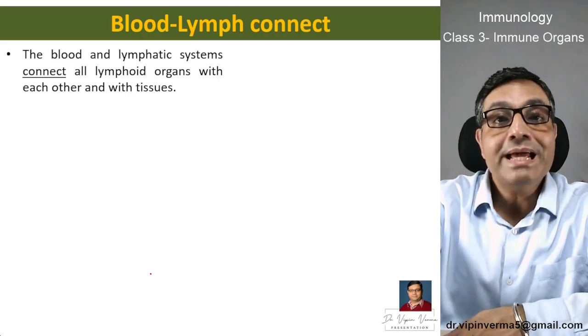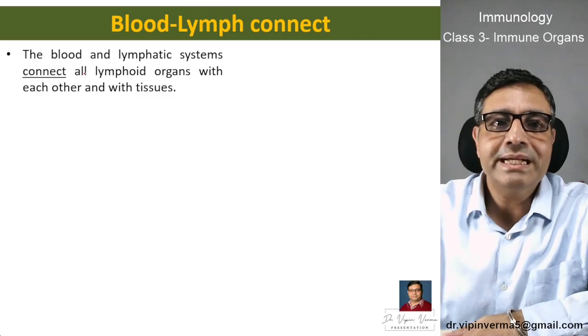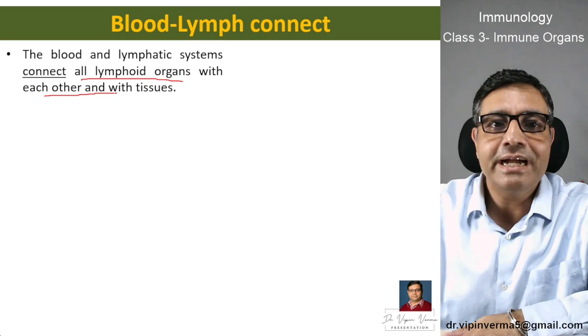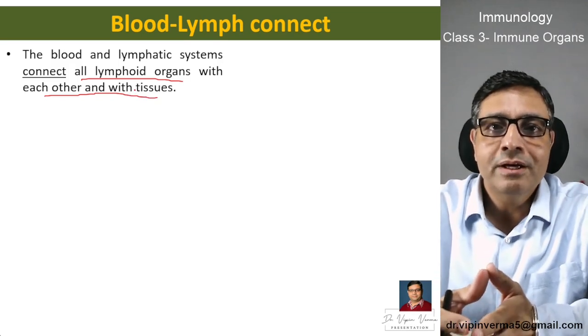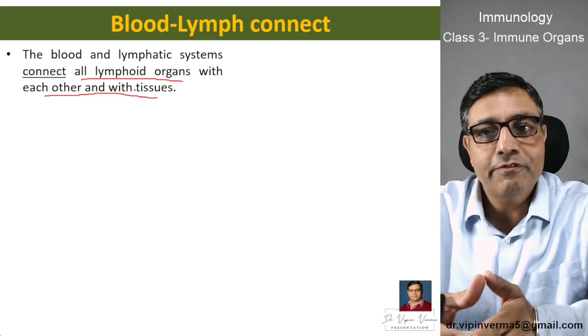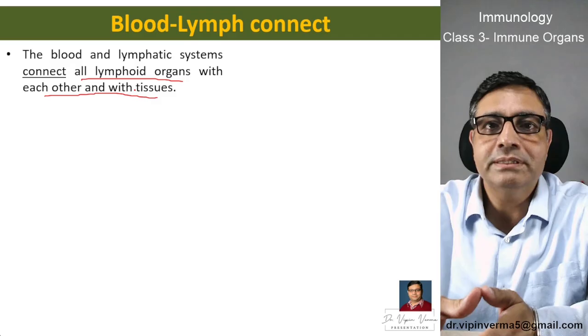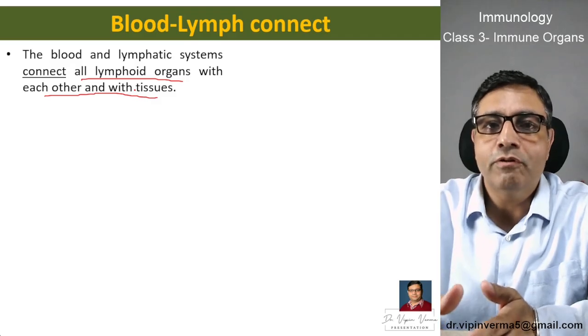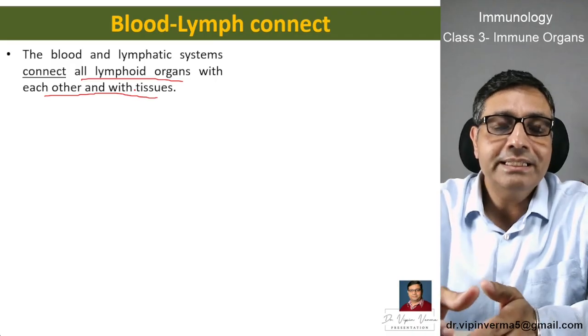Now, if we see how blood and lymph connect, the blood and lymphatic systems connect all lymphoid organs with each other and with each tissue. Our lymphatic system has a flow of lymph, and you will find 99% of the leukocytes there.